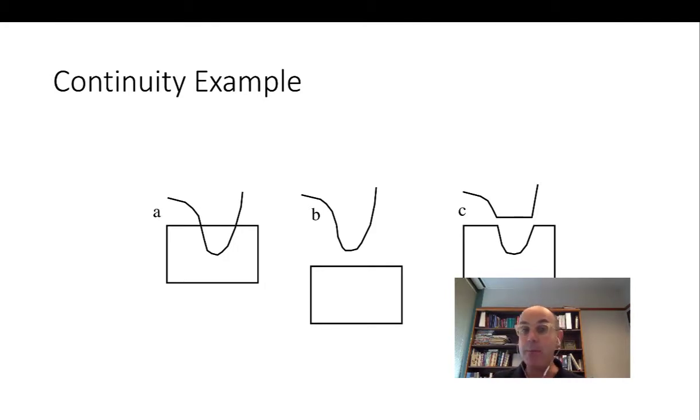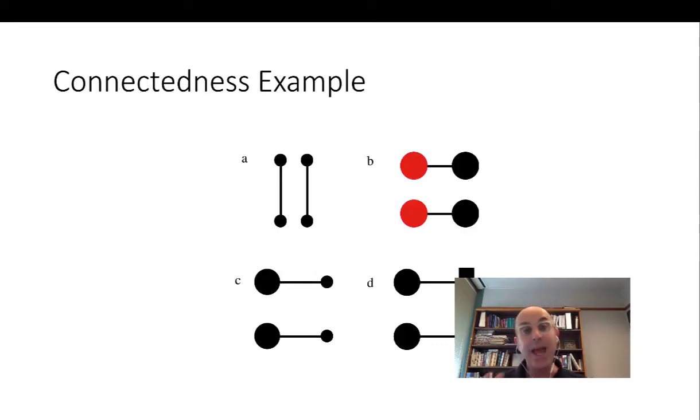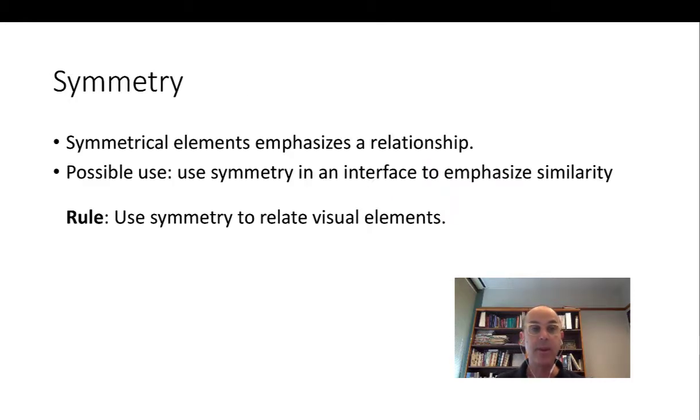In the example of A, B, C, what is the connection and how does the connection make sense with regard to the visual display? In another example, which one is more connected to one another: A, B, C, or D? Those are the elements we can play with in the design to make our point clear to the viewer.